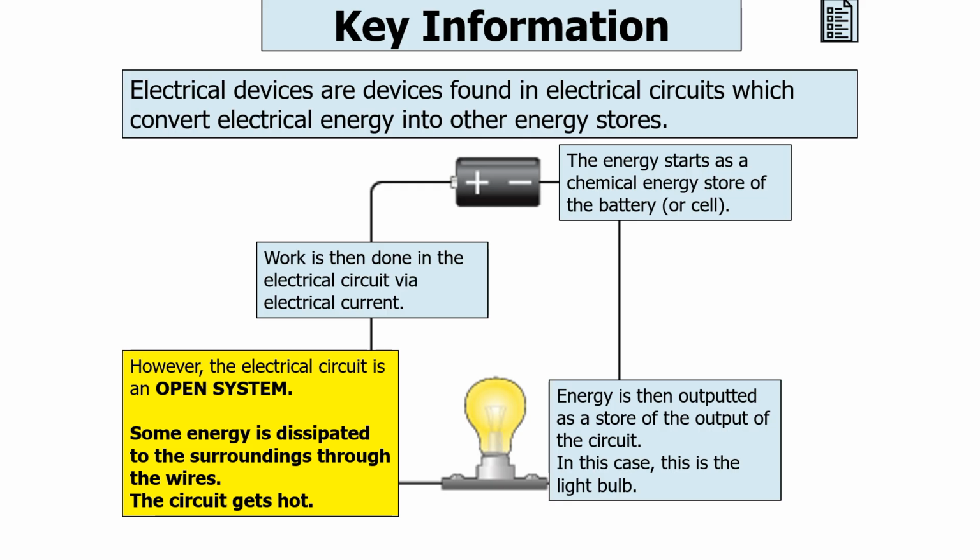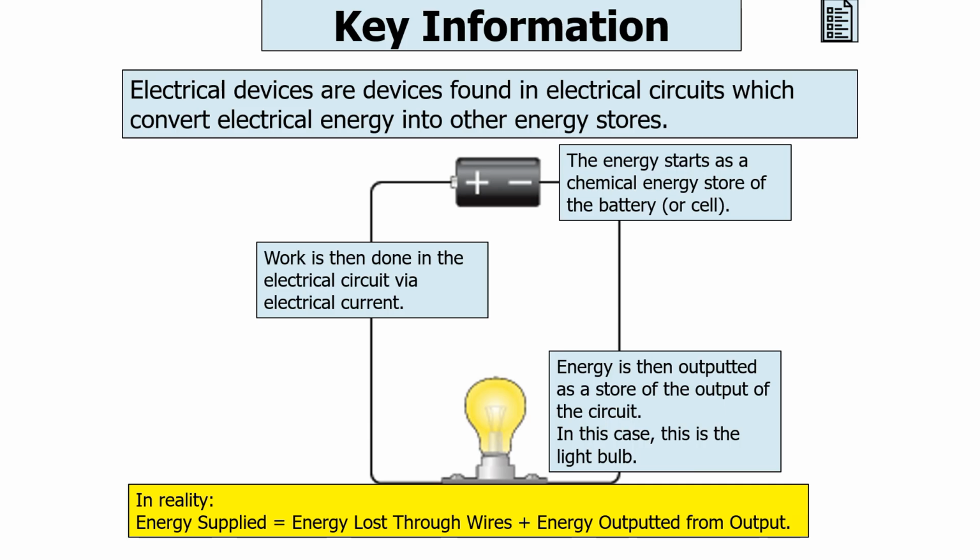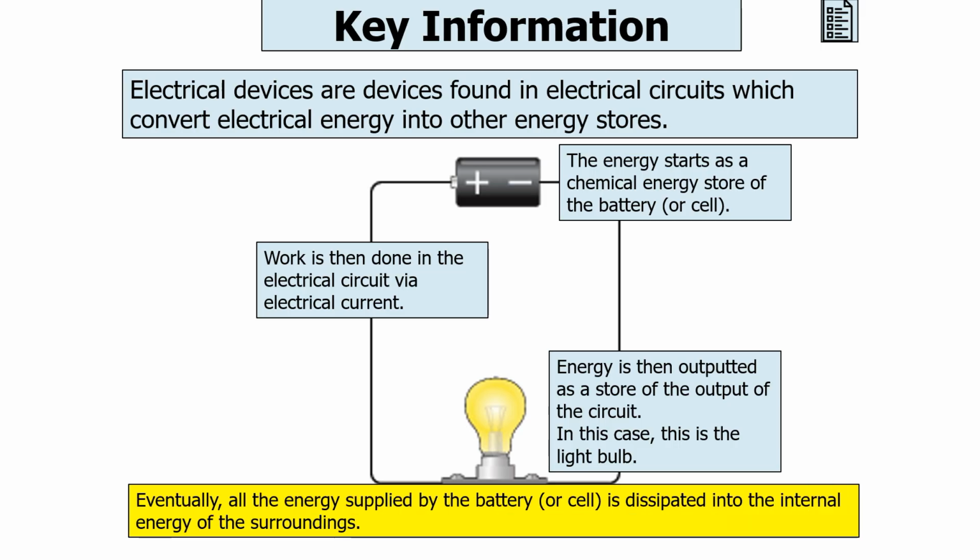So what this means is that some energy is dissipated to the surroundings through the wire, i.e. the circuit gets hot. So in reality, the energy supplied by the battery or cell will equal the energy lost through the wires plus the energy outputted from the output. Now eventually all the energy supplied by the battery or cell is dissipated into the internal energy of the surroundings.